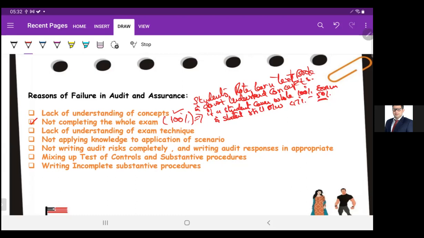So see how valuable it is to complete the whole 100% exam.